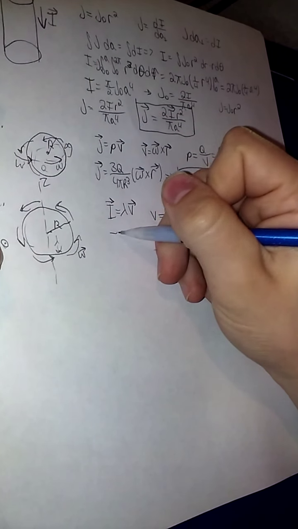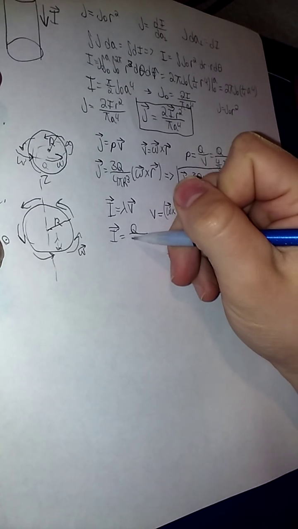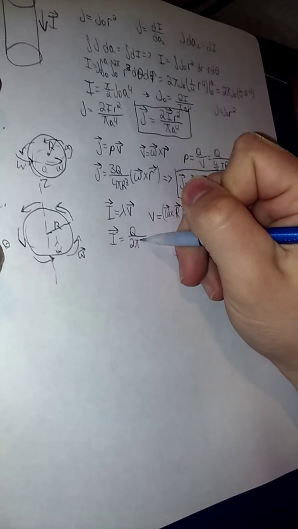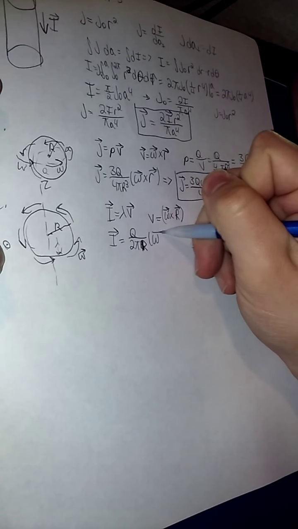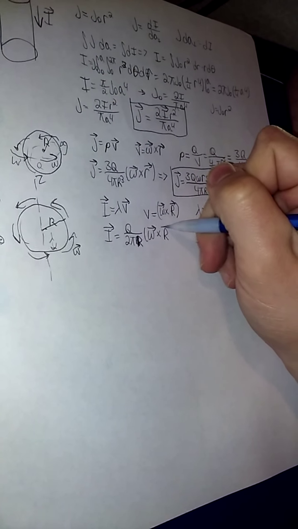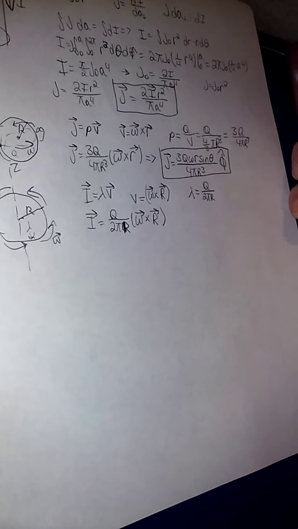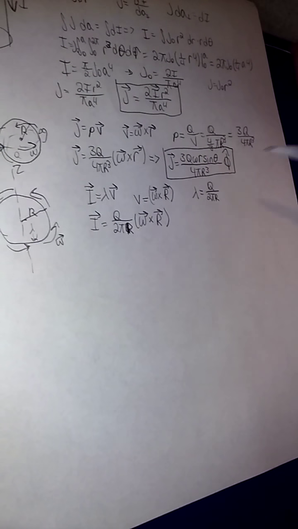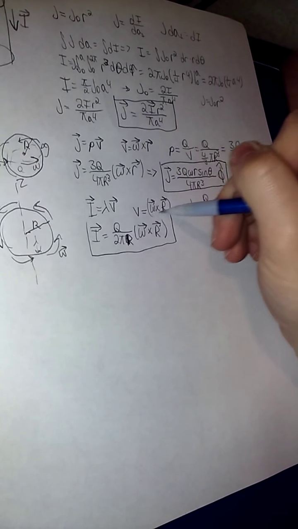And then plugging in, I equals Q over 2 pi big R, omega cross R. And since it says to leave in terms of the parameters given, which were omega, big R, and Q, this is where we stop.